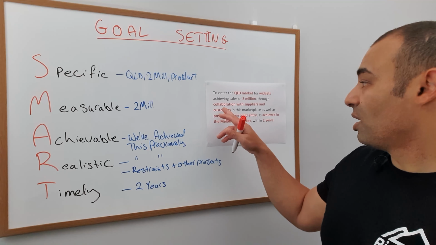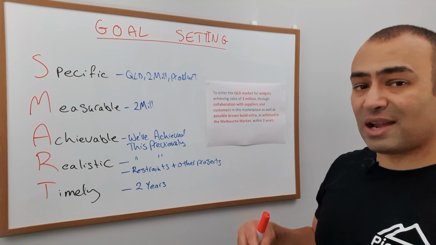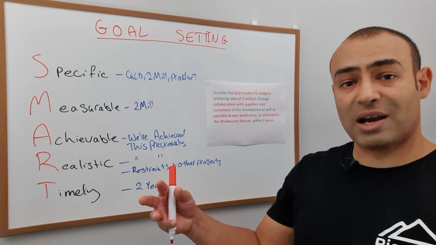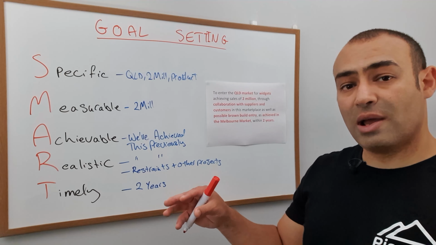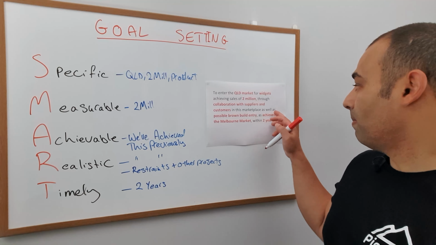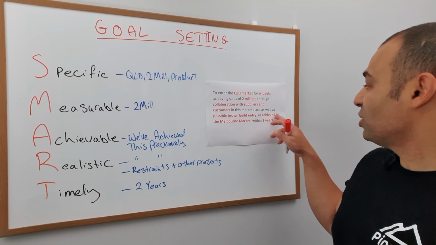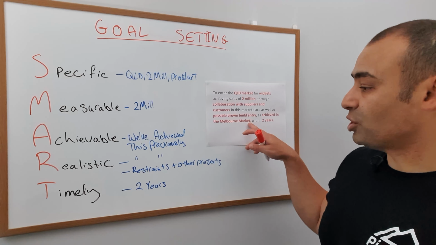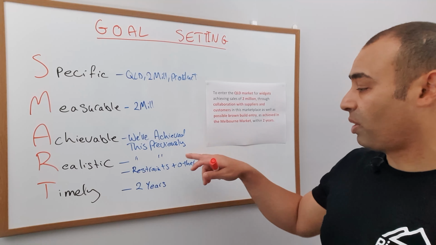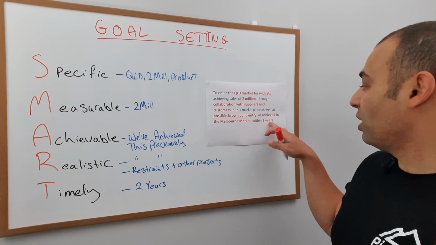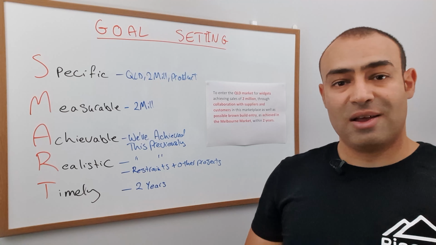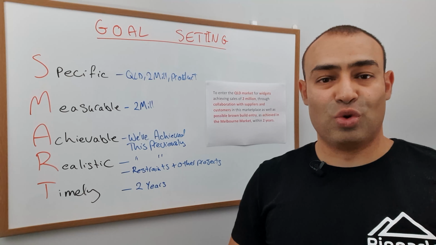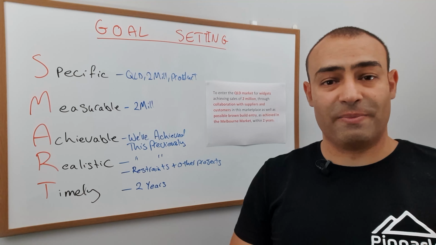That's if collaboration with suppliers and customers initially doesn't allow us to achieve a stronghold penetration into that marketplace as achieved in the Melbourne market. So we know it's realistic because we've previously achieved it within 2 years. It's time bound. 2 years is what we're looking to achieve that target by.